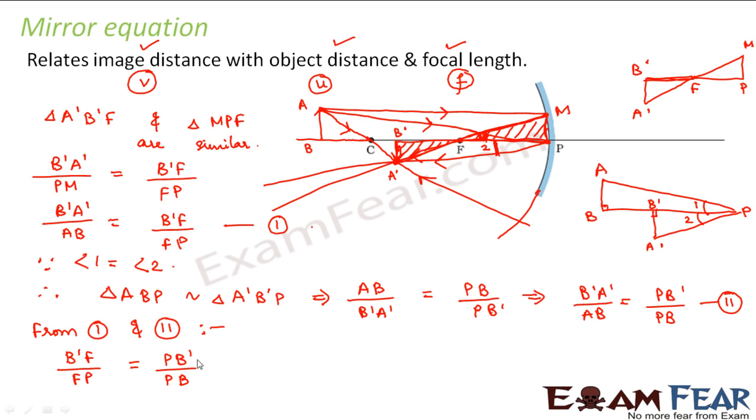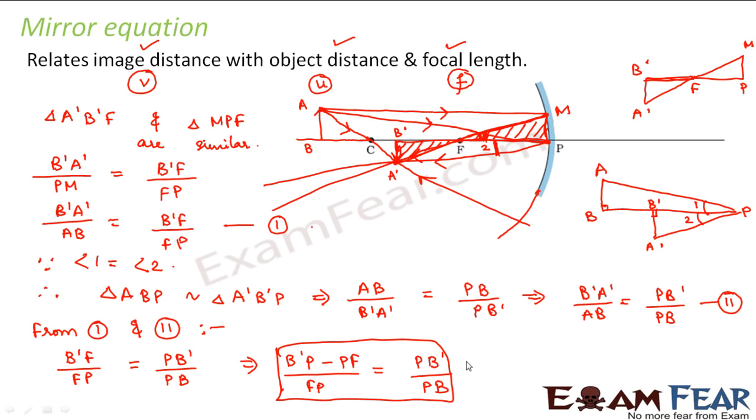So we can say that B dash F can be written as B dash P minus PF, divided by FP, is equal to PB dash divided by PB, right? So now let us stop here. Let us call this equation as equation A.